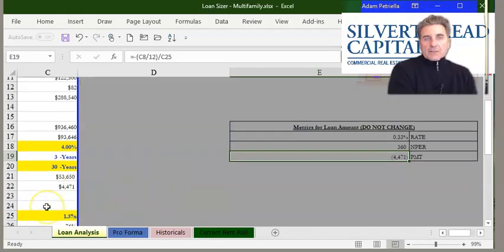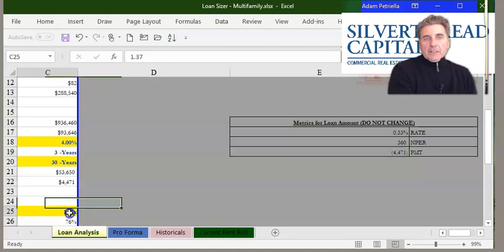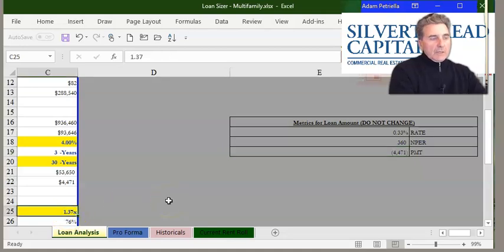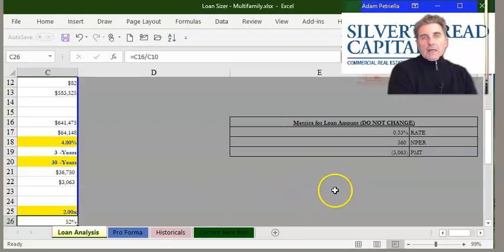Let's say hypothetically your debt service coverage ratio is a 2, which means for every $1 of debt, you need $2 of income. You'll see how your loan is going to go down to $641,000. So correspondingly, your loan payment is lower.